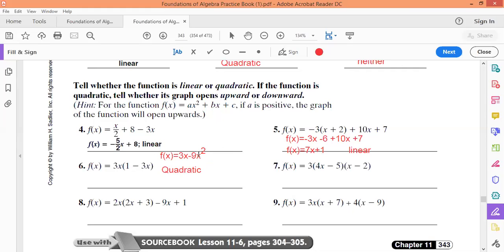How will you know that it is upward or downward? Just check with the x square beside it. What is written there? The number beside x square, 9. Is it positive or negative? Negative. When it is a negative value, it will be downward. Okay, it's quadratic and downward.